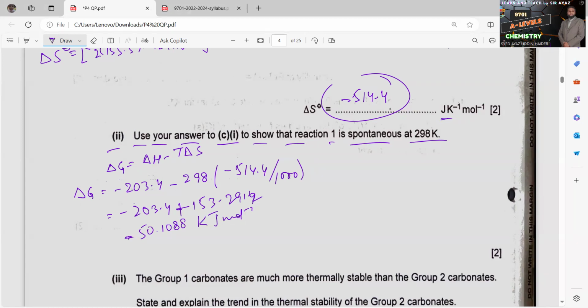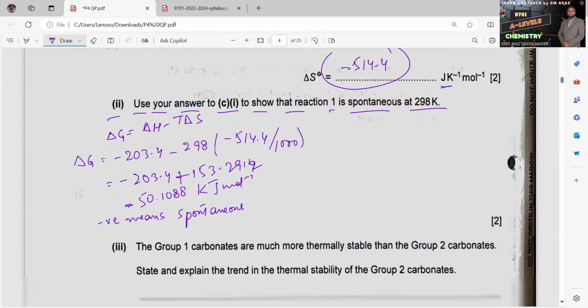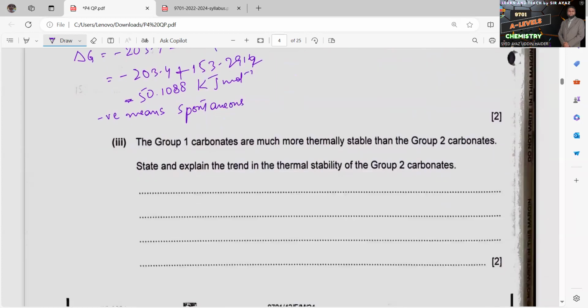So negative means it's spontaneous. The negative value indicates spontaneous, that is, it will take place by itself at 298 Kelvin.